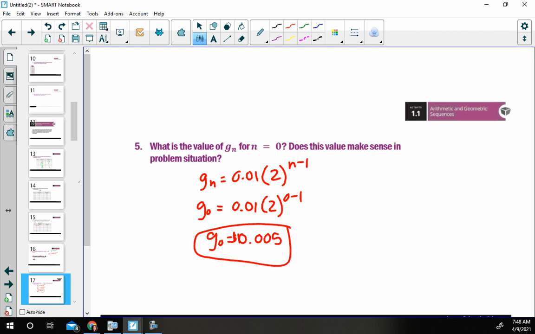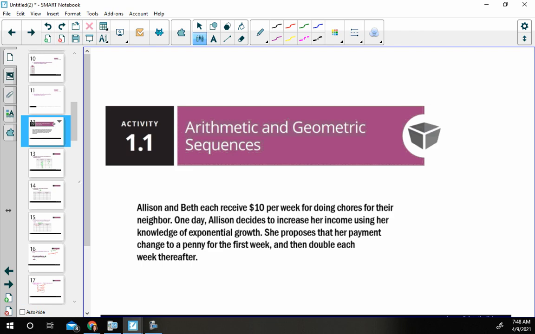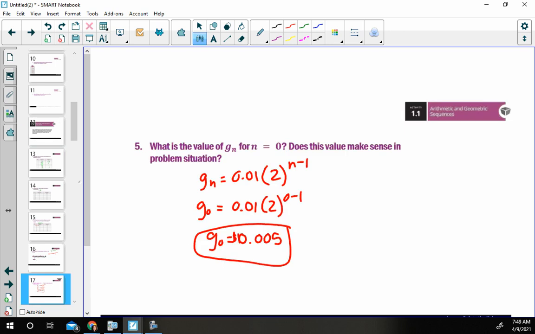That would be how much money I have in my bank account before I even started my job. In my scenario, did I say anything about having any money in my bank account before I started my chores? No. So I shouldn't have half a penny at week 0 because I haven't even started my jobs yet. In week 1 was where I made my first penny or my $10. So this scenario is not going to work, because at time 0, I'm not starting with half a penny.